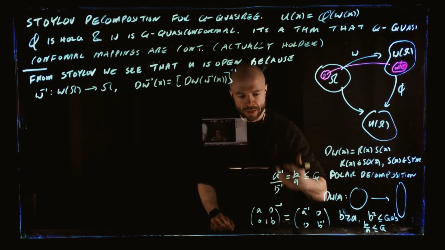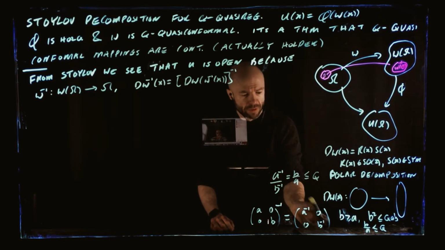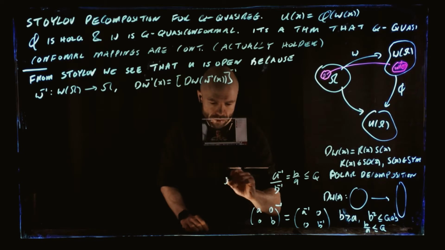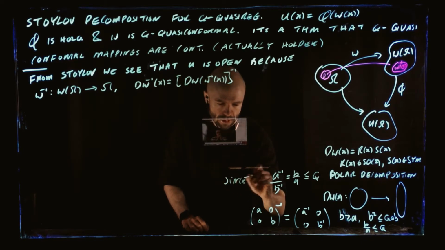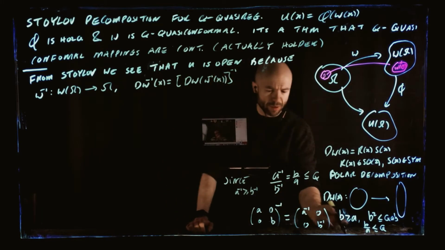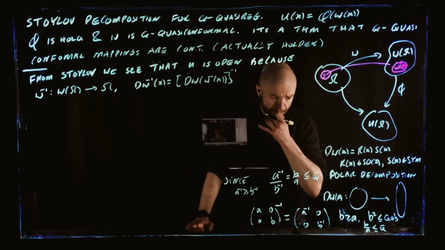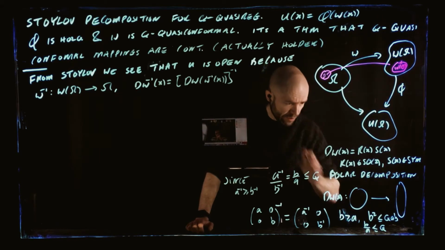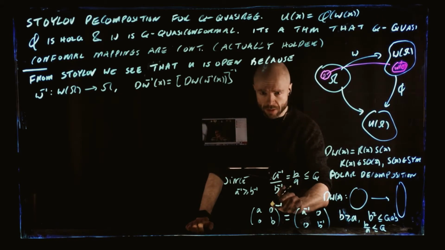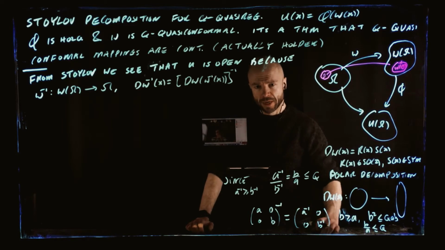So we'll have the same property for the inverse mapping. These are positive definite, so a and b are positive numbers. So exactly the same distortion control occurs for the inverse as for the actual matrix.